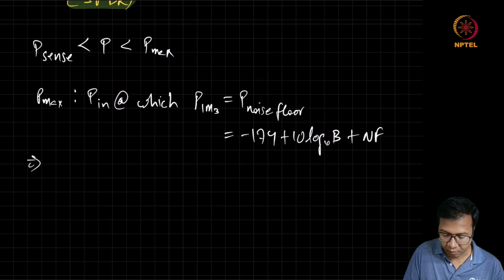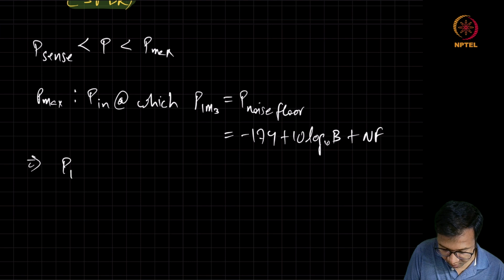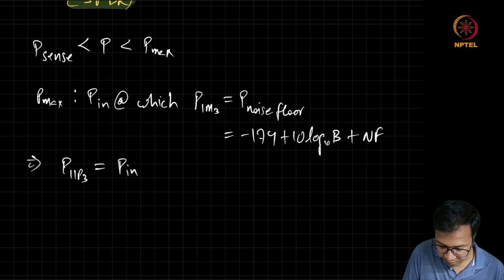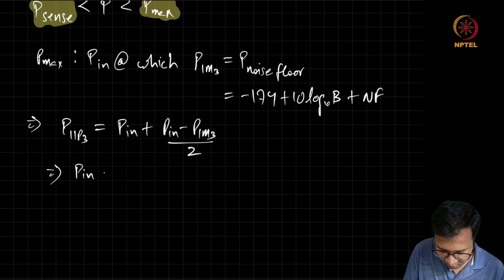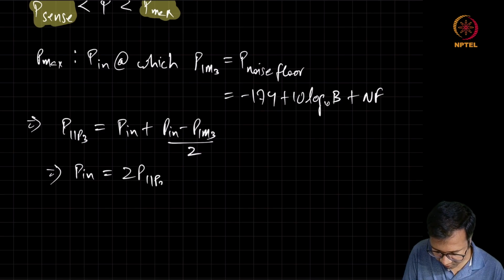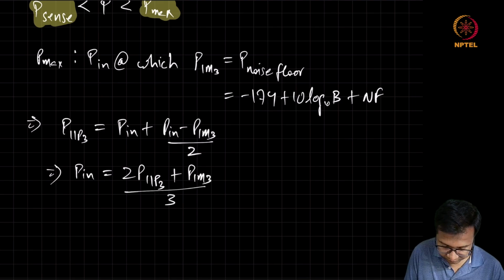So this Pin can be found out using the IIP3 relation, which we knew that PIIP3 is equal to Pin plus (Pin minus PIM3) by 2. That implies Pin to be equal to (2 PIIP3 plus PIM3) divided by 3.